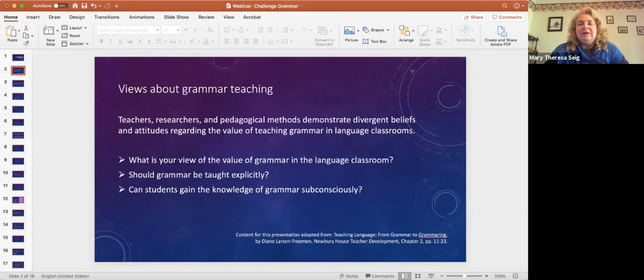I will push a button and then Zoom will automatically break you into groups. You may be with people that you know, you may be with people that you don't know. It will be done randomly, but it will be a small group, probably about 4 or 5 people in each group. This allows you to talk to each other in the group and to answer the questions that I've posed for you, and then to come back to the larger group.